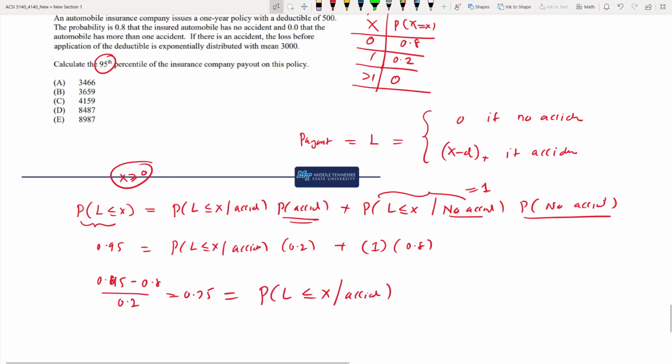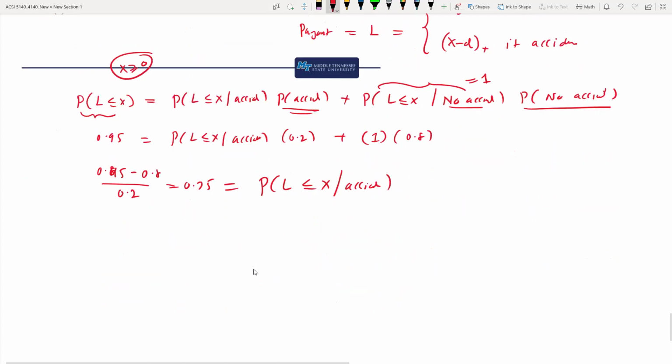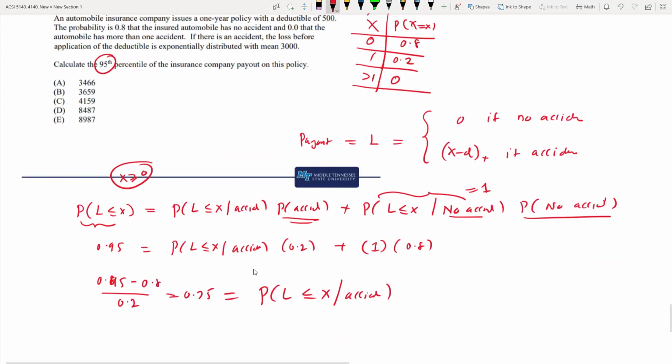Now let's try to expand this, because now we actually have two possibilities. Remember, (x minus d)+ is basically 0 if x is less than or equal to d, and x minus d if x is more than d.